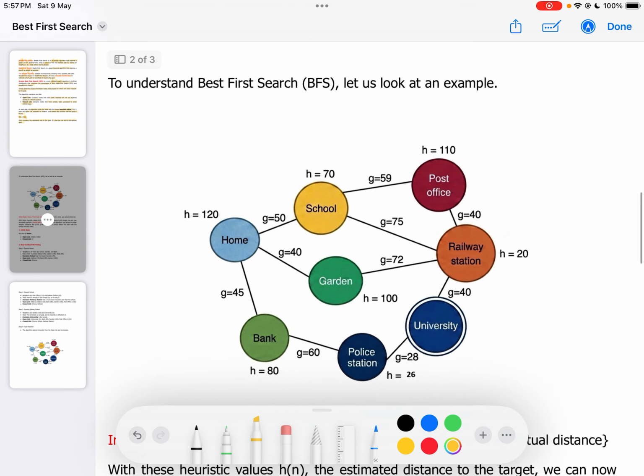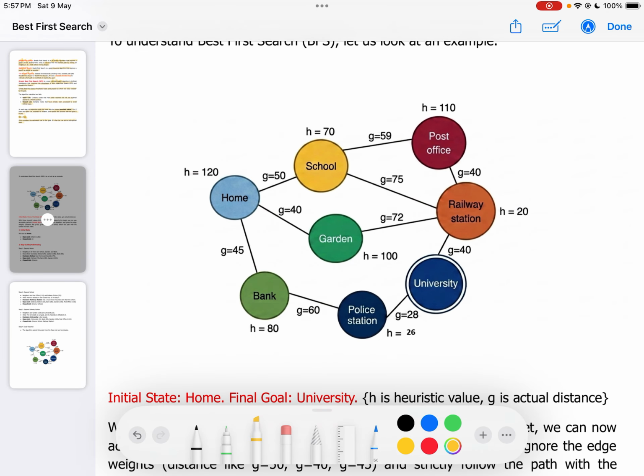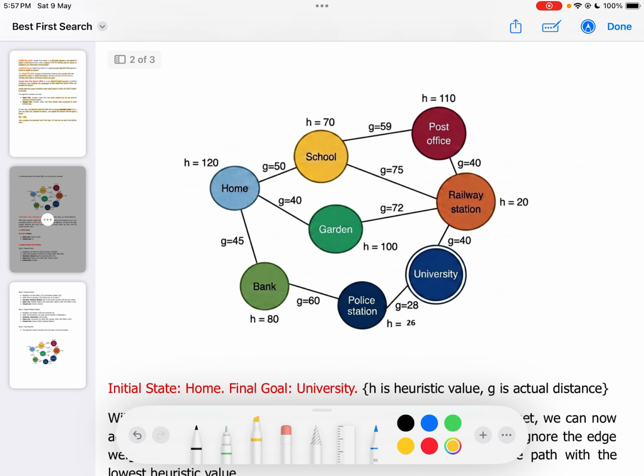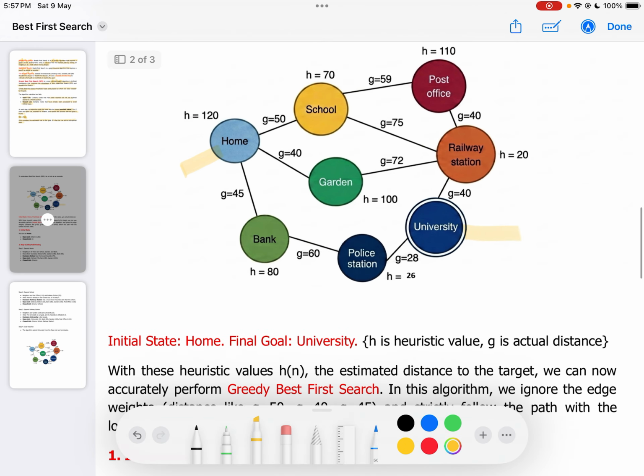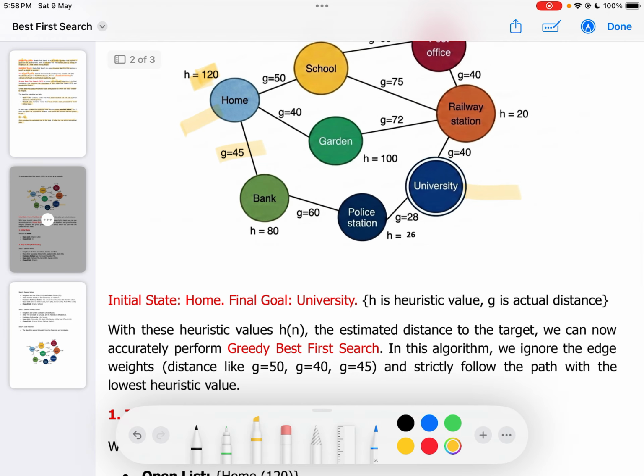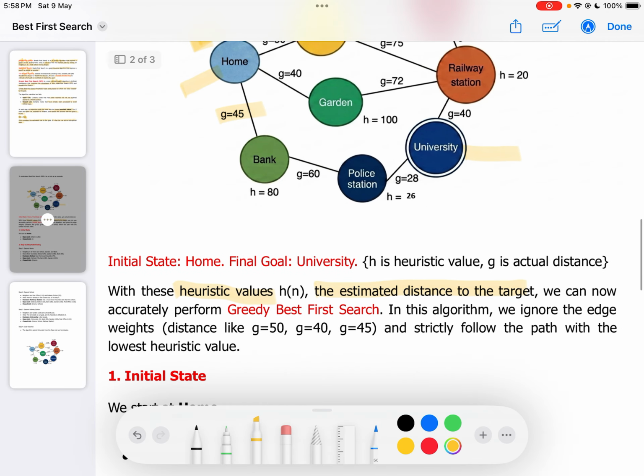To understand best first search, let's look at an example. Here, the initial state is home. The final goal is university. H is the heuristic value. G is the actual distance. With these heuristic values, the estimated distance to the target can be found.